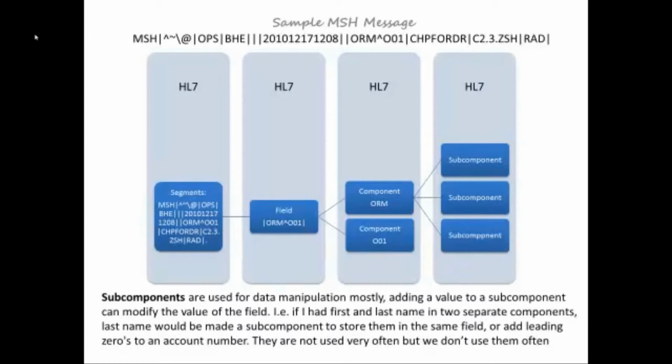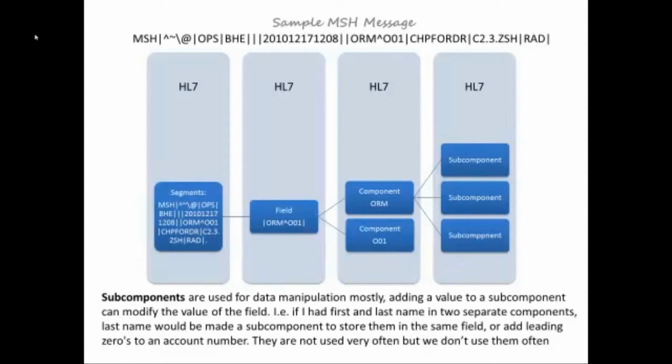In HL7, there is a long list of pre-identified segments, and the way that these segments are identified is a 3-letter acronym at the beginning of the segment. Like, for example, PID, which includes patient identification information, or MSH, which identifies who sent the message, where it's going, and what to expect inside the message.